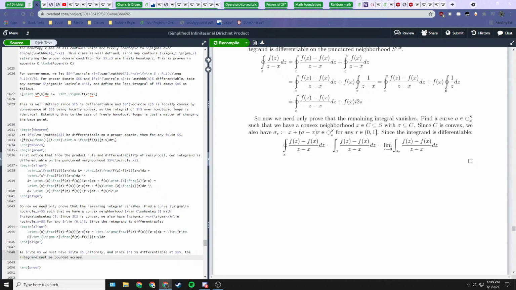Actually, for each r, the integrand is bounded.